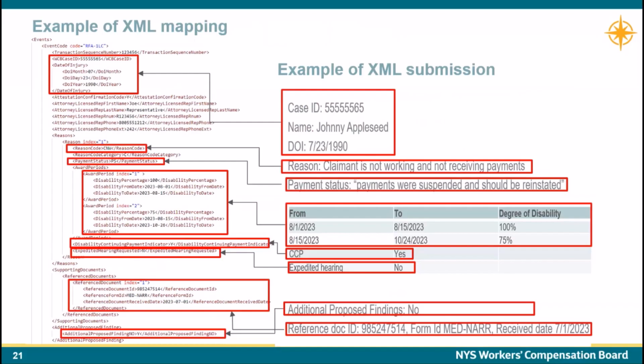There are 5 other mandatory nodes in the XML layout. The first one is the reason node. In the main reason node, we capture the reason specific data. As you can see in the example, all the reason code, the reason payment status, and the award periods, all that go inside the reasons node.